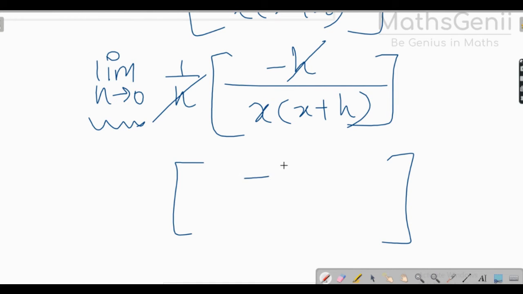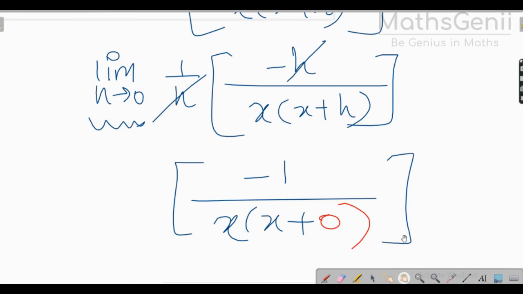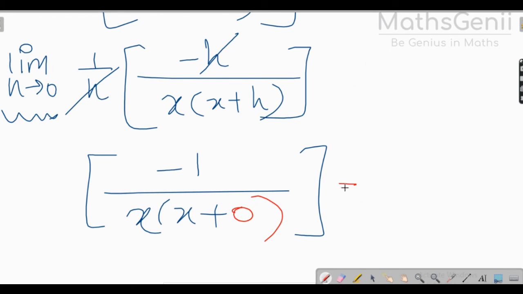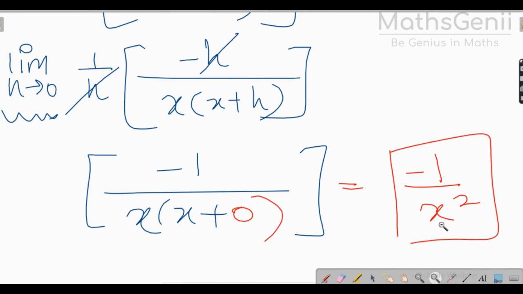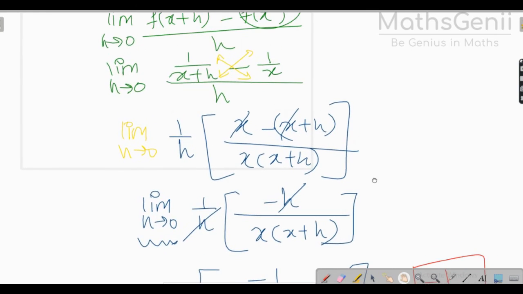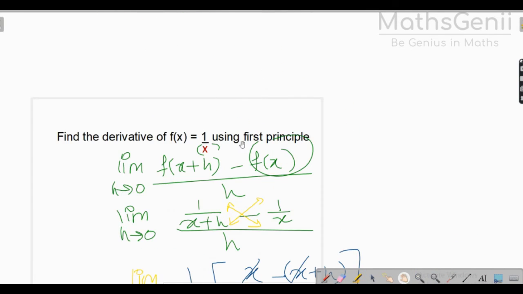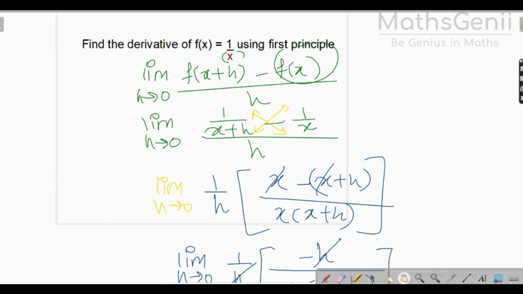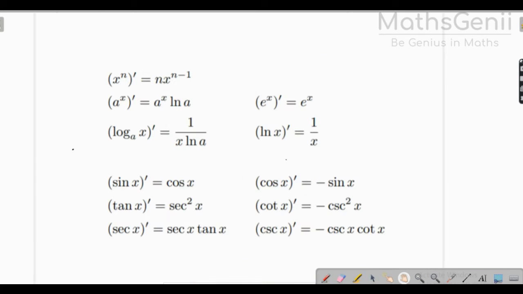What remains is minus 1, x as it is, x as it is, plus h is equal to 0, substituting that. So your answer to this question is minus 1 upon x into x, x square. So this is how you solve the question using the first principle or the formula that we have used for deriving derivatives. Okay, let's move ahead.